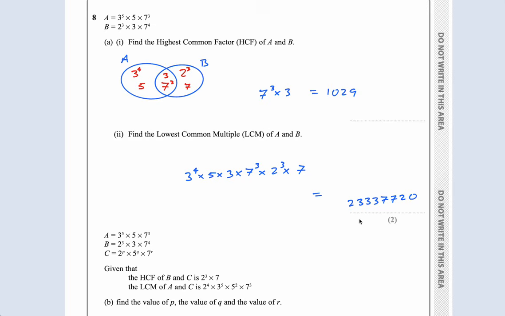Oh, so that is the lowest common multiple. So it's a very big number, but it's correct. This is how to do it.